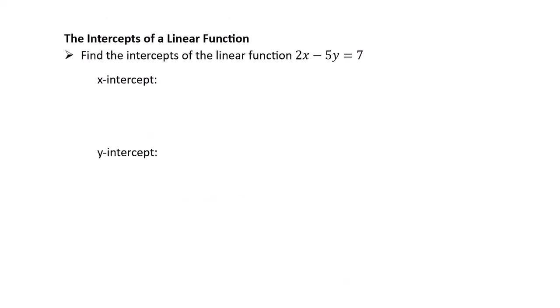Another concept we want to review are the intercepts of a linear function. Find the intercepts of the linear function. Let's look at what intercepts are. If I have a graph, doesn't matter what kind of graph that's going on, all of these points that are on the x-axis are x-intercepts.